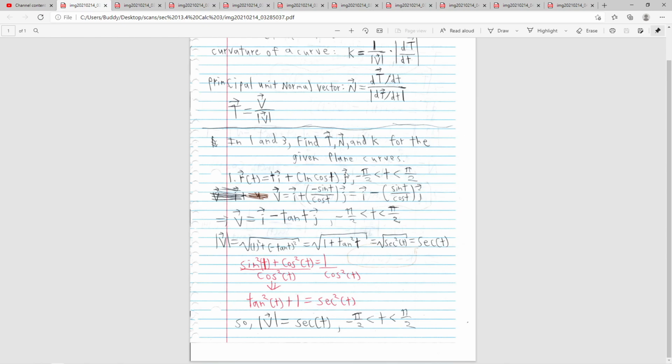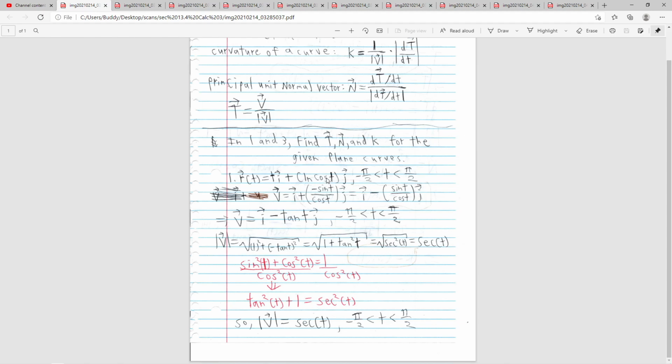So we have that position function, and the derivative is just 1 for the i component because the derivative of t is 1. And for the natural log derivative, the natural log's argument itself is in the denominator, and the numerator is the derivative of what you're taking the natural log of.